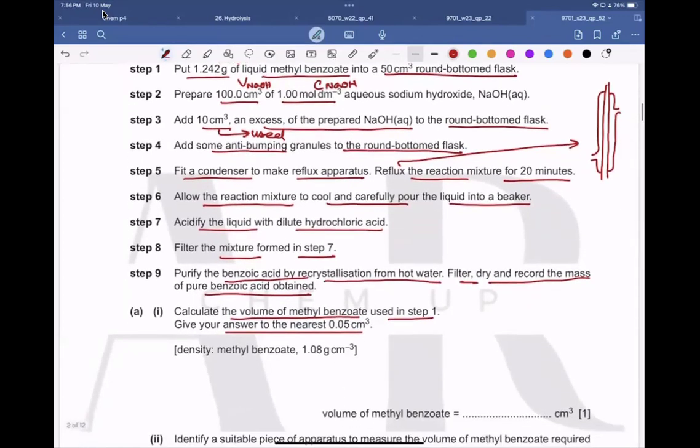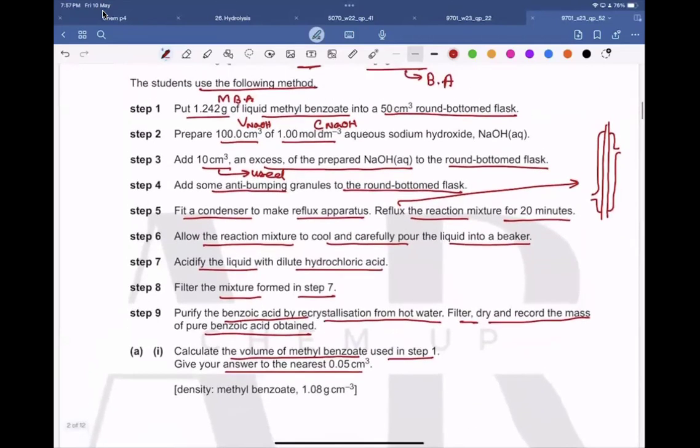Okay. All the steps are clear to all of you. If any one of you has any confusion, please let me know.